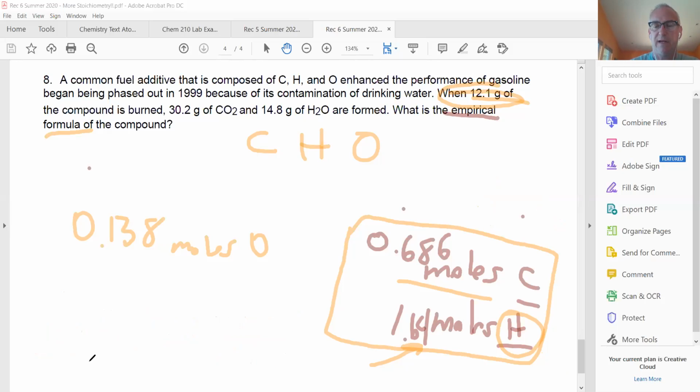Yes, because I need whole numbers of moles, because there are whole numbers in a formula. So if I divide everything by 0.138, O becomes 1, and 1.64 divided by 0.138, H becomes 11.9.